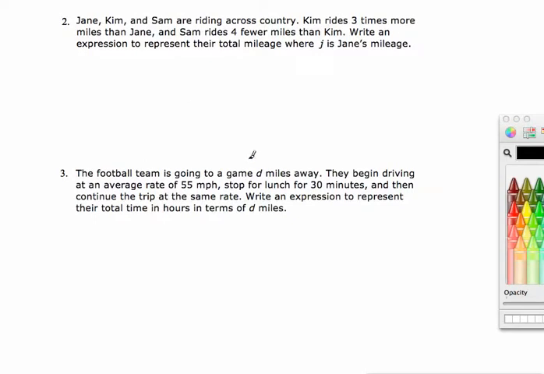Jane, Kim, and Sam are riding across country. Kim rides 3 times more miles than Jane. It's probably important. And Sam rides 4 fewer miles than Kim. Write an expression, so no equals sign, to represent their total mileage where J is Jane's mileage.